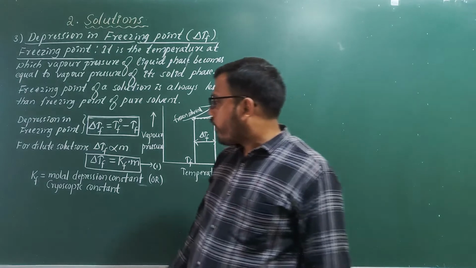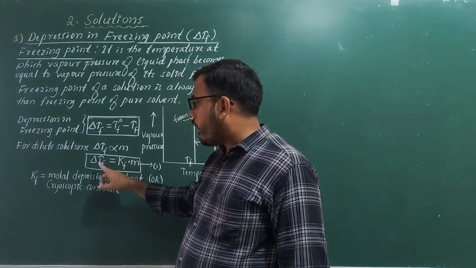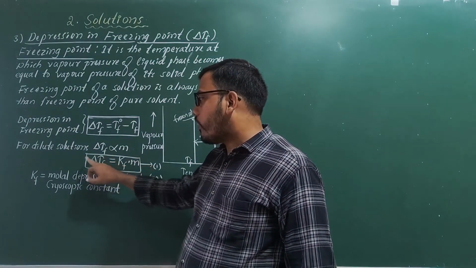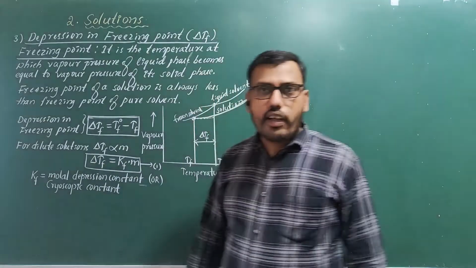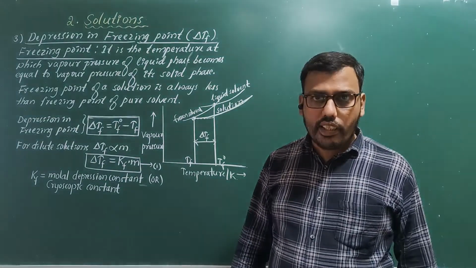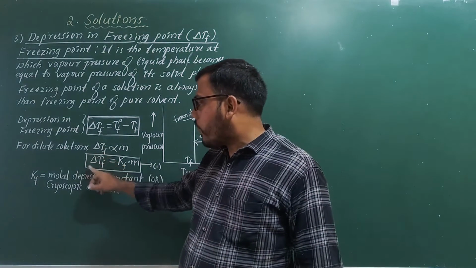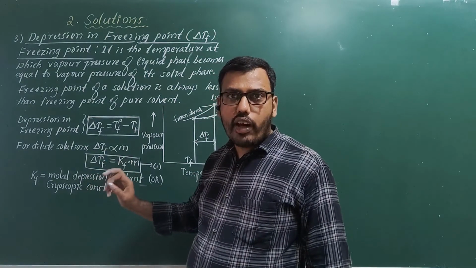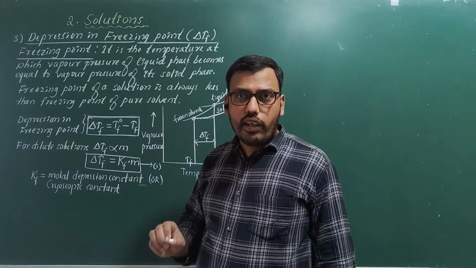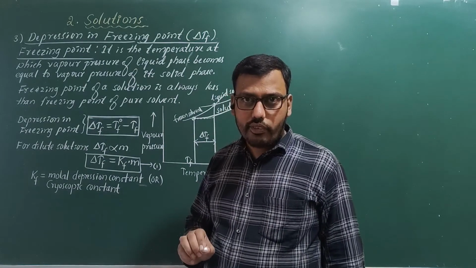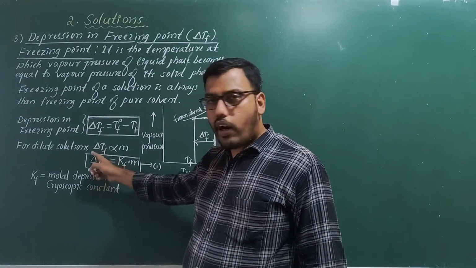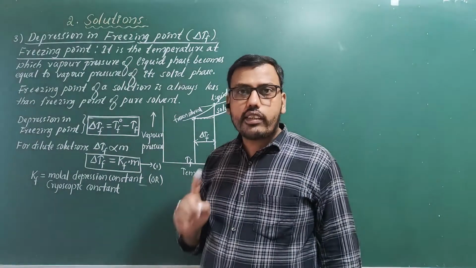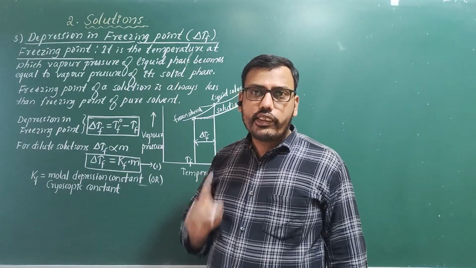Dear students, you see here Kf is equal to delta Tf divided by m. If molality is 1, then Kf is equal to delta Tf. So Kf, or molar depression constant, is defined as the depression in freezing point produced when 1 mole of non-volatile solute is dissolved in 1 kg of solvent.